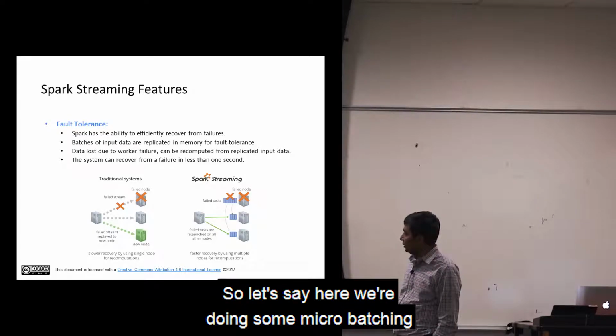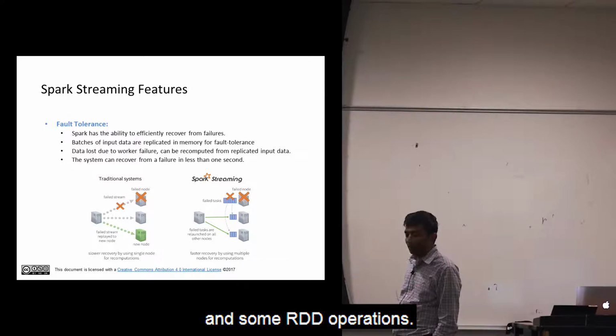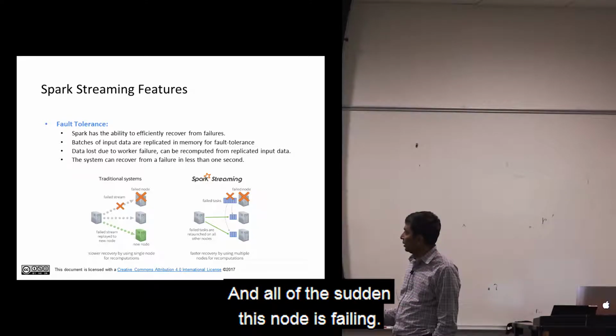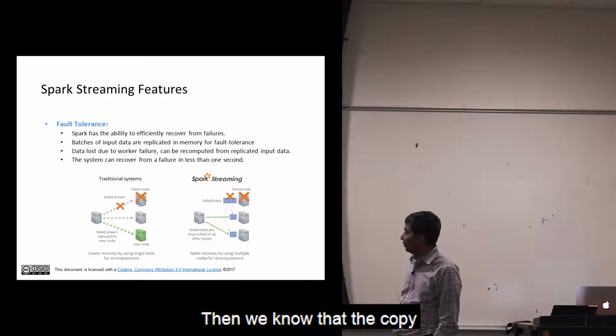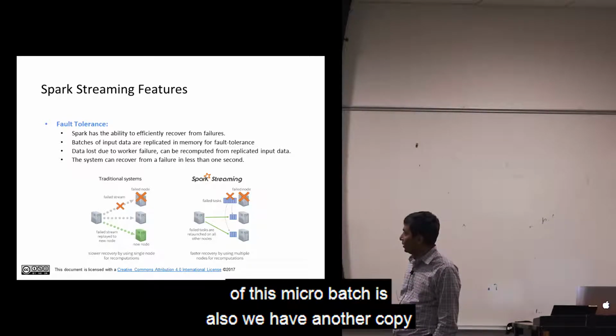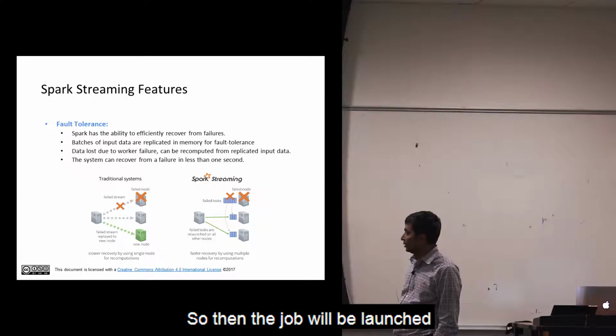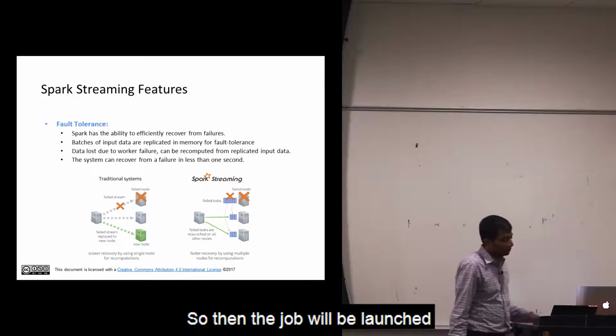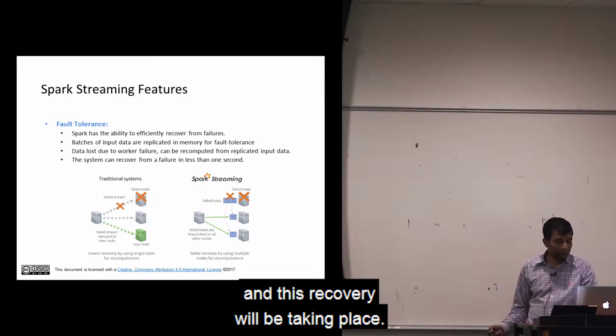So let's say we're doing some micro batching and some RDD operations, and all of a sudden this node fails. Then we know that we have another copy of this micro batch somewhere here. So the job will be launched, and then the recovery will take place.